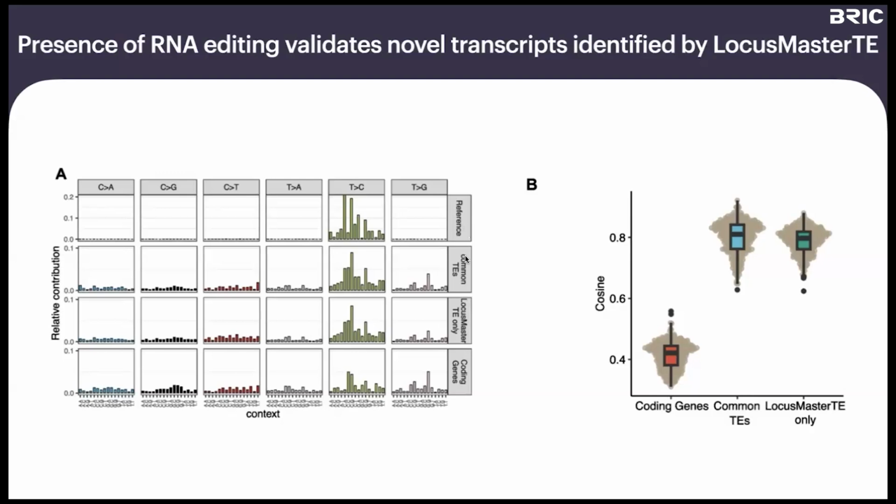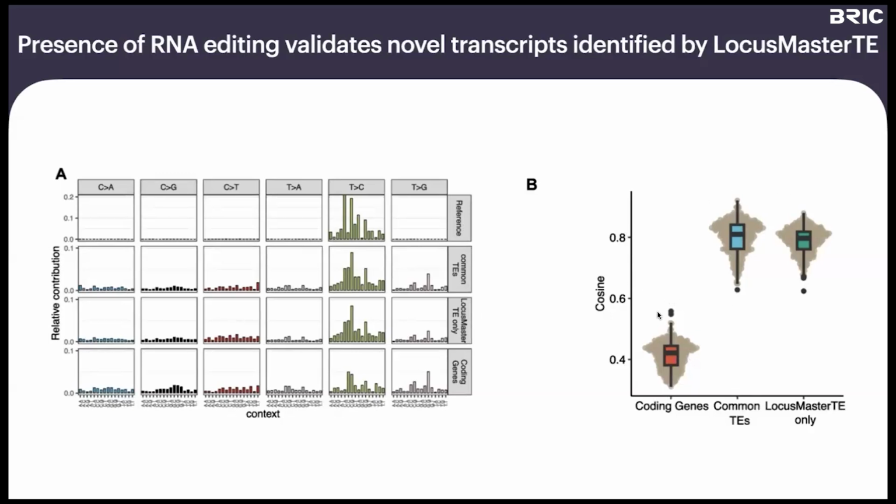Between the common TEs, the reference, and LocusMasterTE, we see very similar patterns, with the reference displaying characteristic peaks at CTA to CCA, CTG to CCG, or GTG to GCG. This similarity was further supported by the high cosine similarity here.